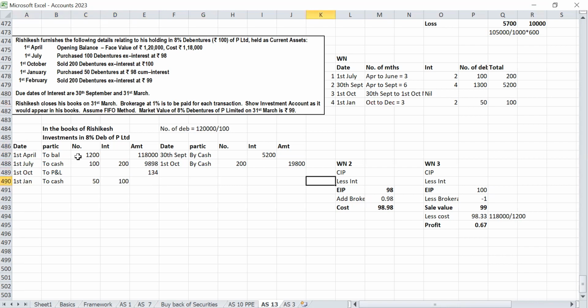Now cost computation. They have given cum-interest price 98. Per debenture 98.